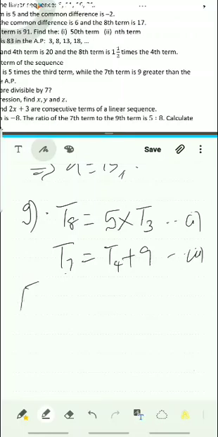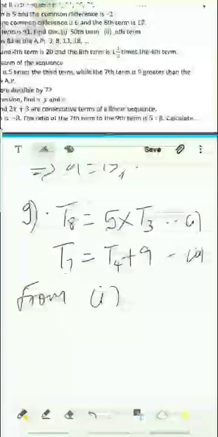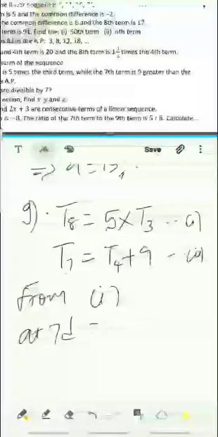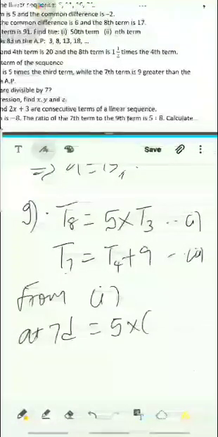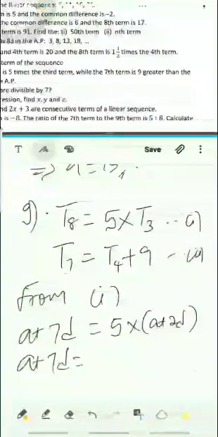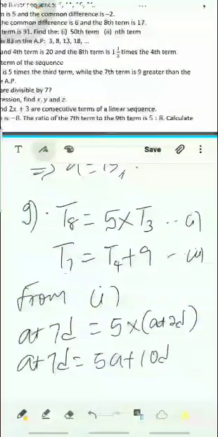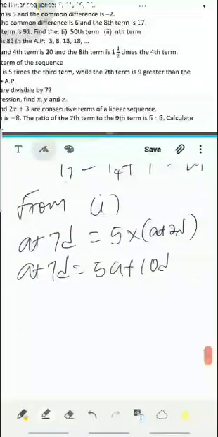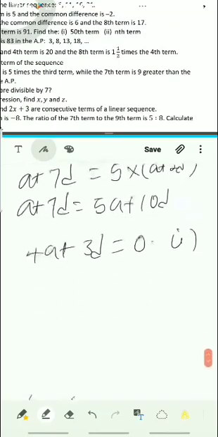From statement 1, if we simplify, T8 is A plus 7D. That's 5 times T3, which is A plus 2D. So A plus 7D equals 5A plus 10D. If you bring them together, you have 4A plus 3D equals 0 from statement 1.